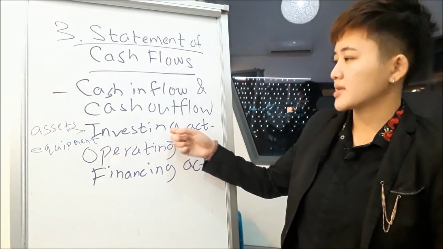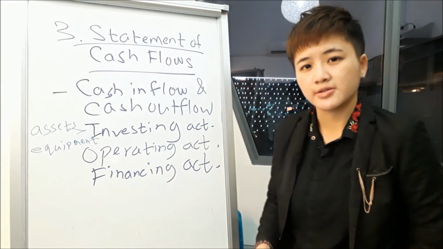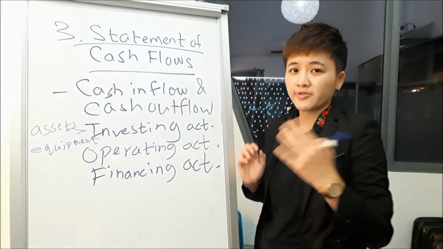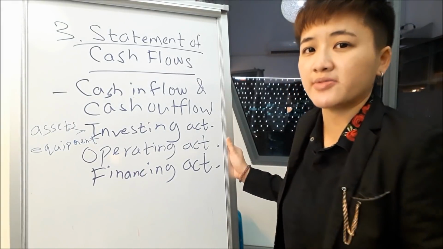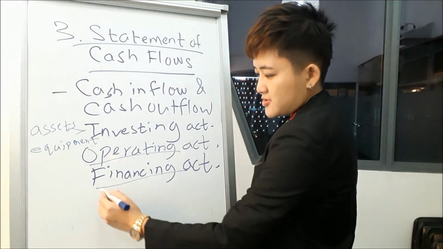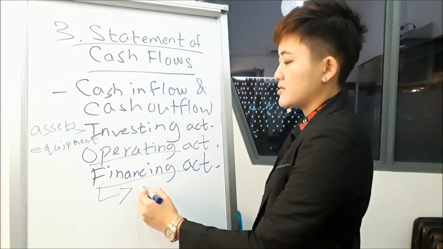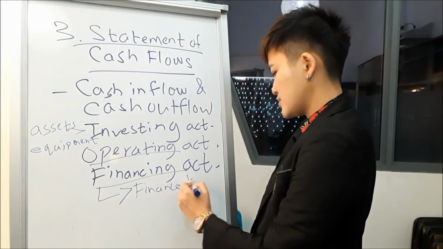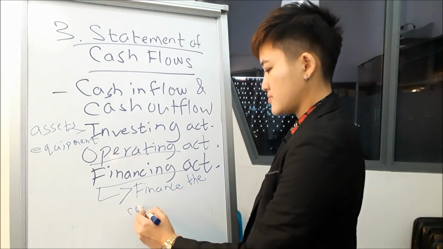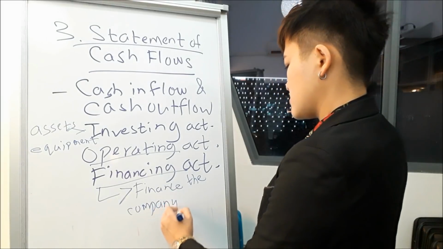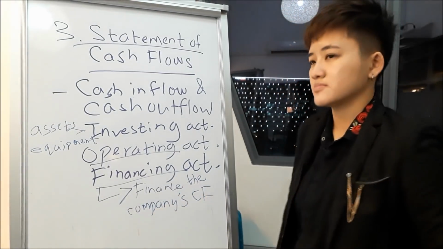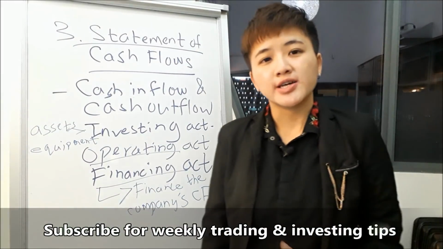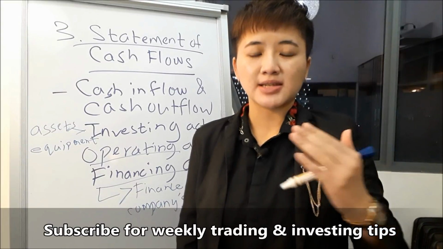That will fall under cash flow from investing activities. Cash flow from operating activities basically measures the money that goes into and out of the company because of daily operating activities. Cash flow from financing activities is cash flow that's used to finance the company. If I give you more examples in the next few videos, I'll show you the cash flow statement and you'll get a clearer picture. For now, just understand the basic terms first, okay?